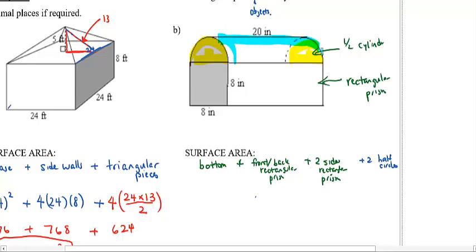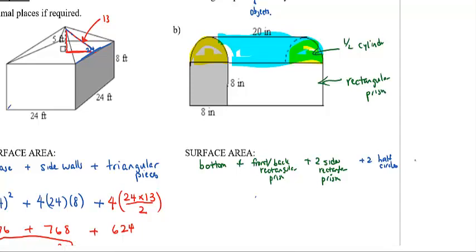That's this curved area here. I'll call it the curved part of the cylinder. Plus, and it's not the full curved part, but the half of the lateral surface area of the cylinder. Okay, so we have to calculate all these parts, and then we got to put them together.